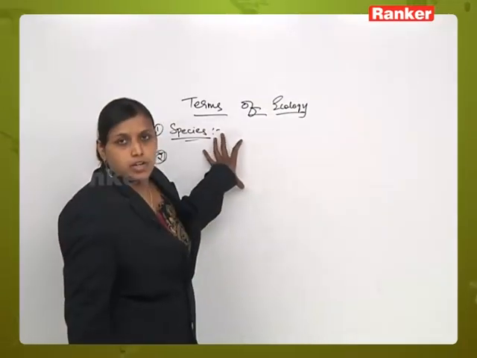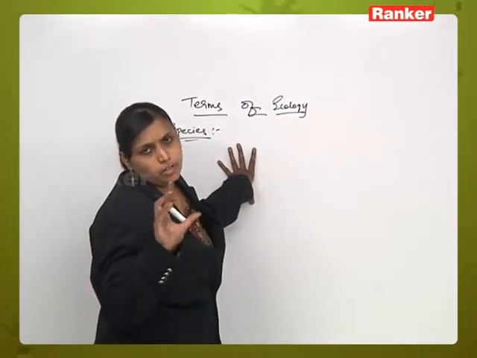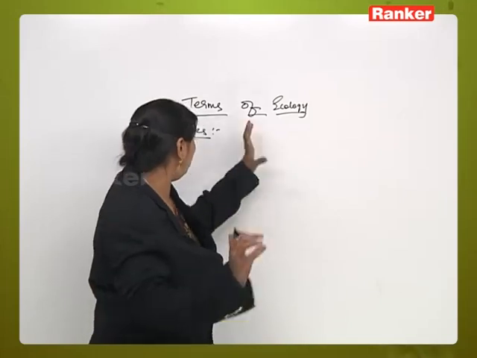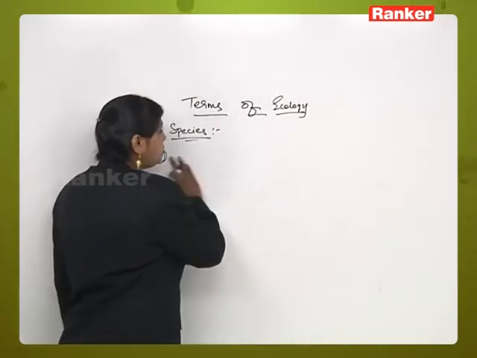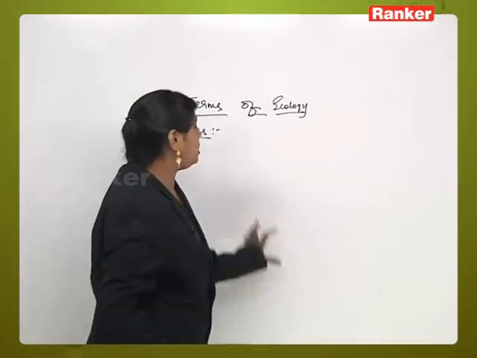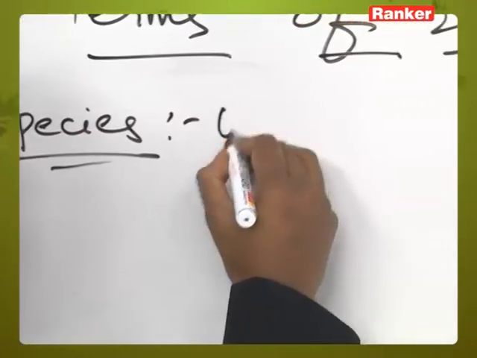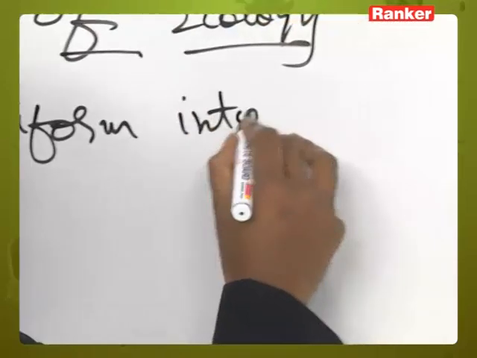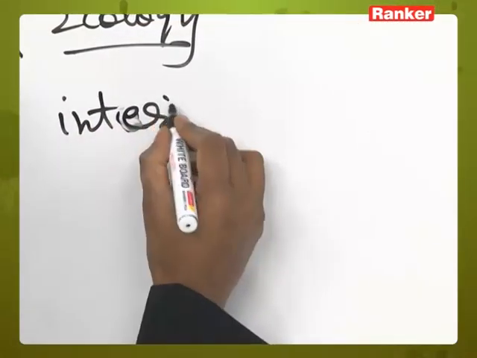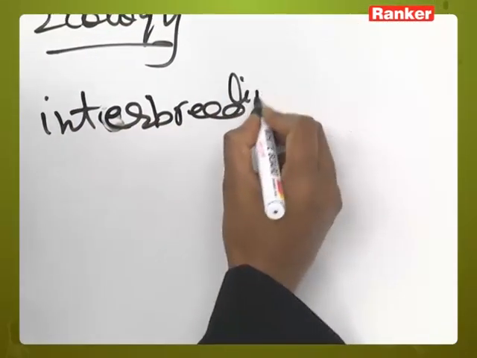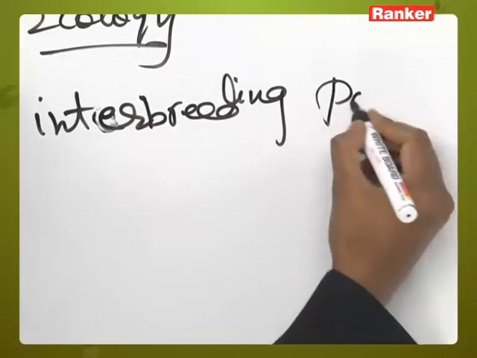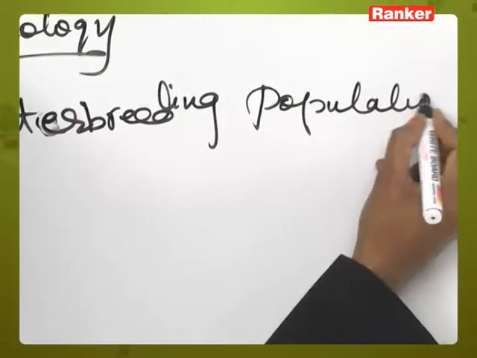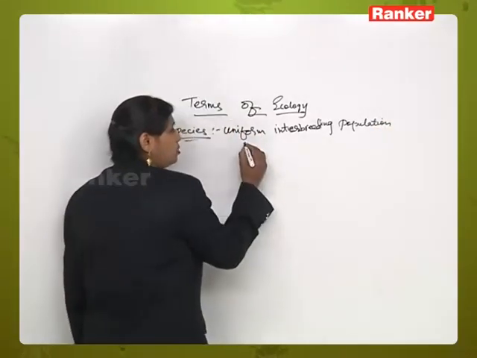The first and foremost term, when we talk about ecology, all the terms I am lining up here. Species. What are species? Species are nothing but uniform interbreeding populations spread over space and time.